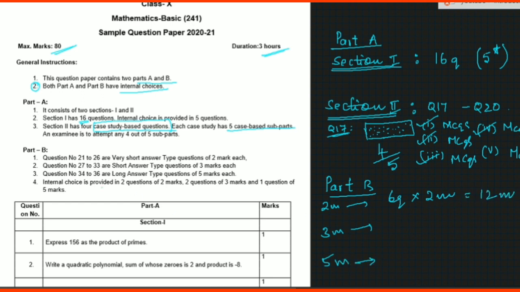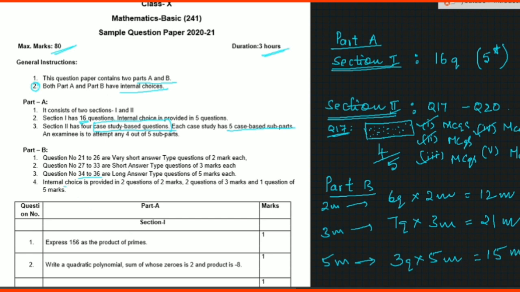And question number 27 to 33, short answer questions, 3 marks. So 7 questions they are, 3 marks, 21 marks. Question number 34 to 36, 3 questions, 5 marks each, 15 marks total.